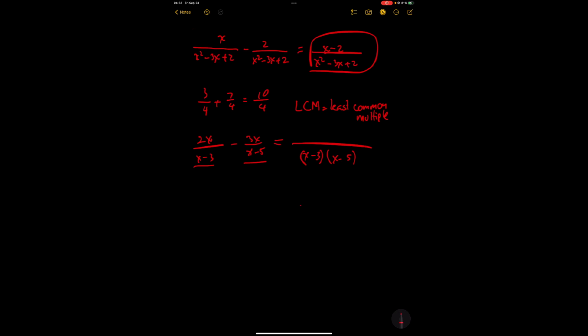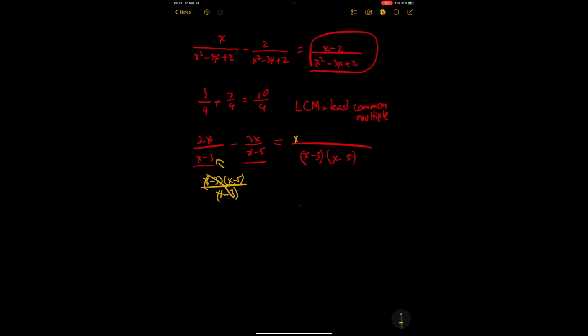Now, what do we do now? Well, now we're going to divide the least common multiple by each denominator. So x minus 3 times x minus 5 divided by x minus 3, what do we get? We get x minus 5.